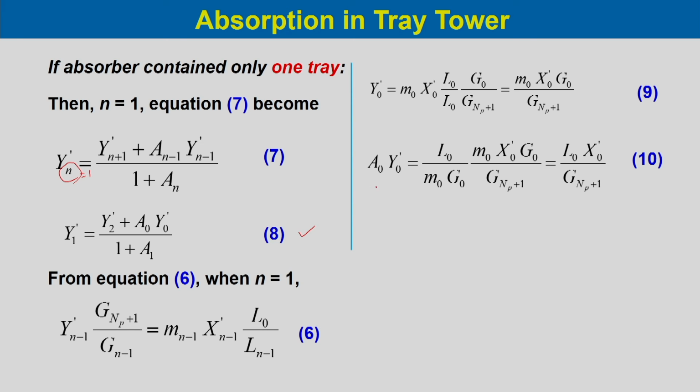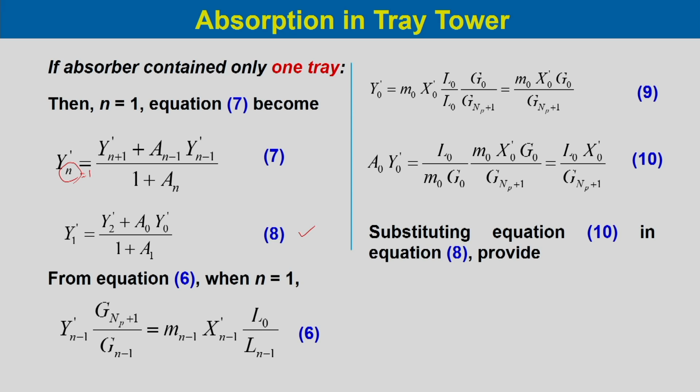We can now write a_0 y_0' is equal to L_0 by m_0 G_0 into m_0 x_0' G_0 divided by G_{np+1}, which is equal to L_0 x_0' divided by G_{np+1}.